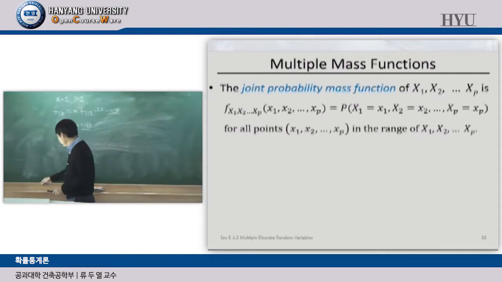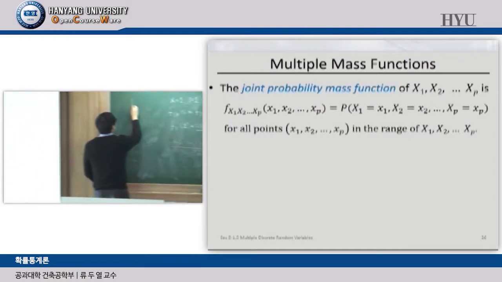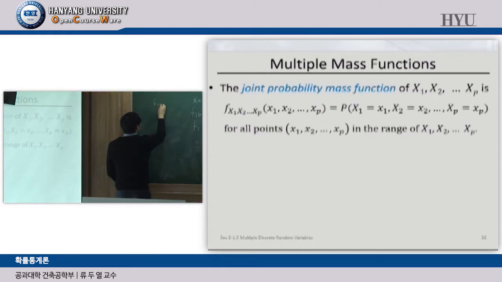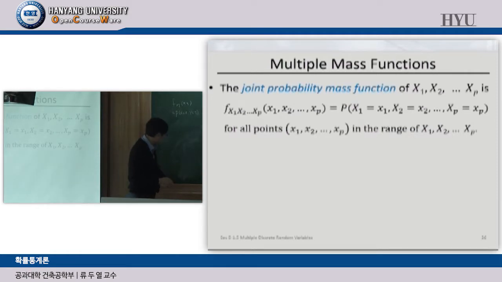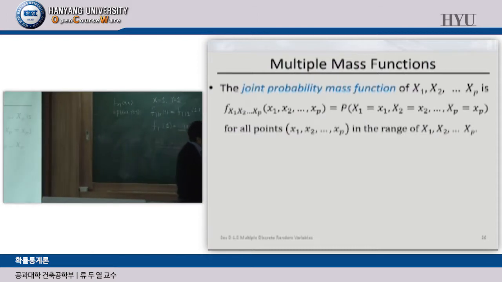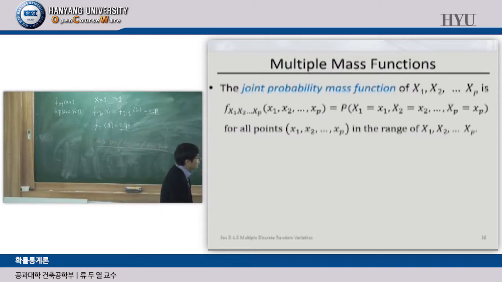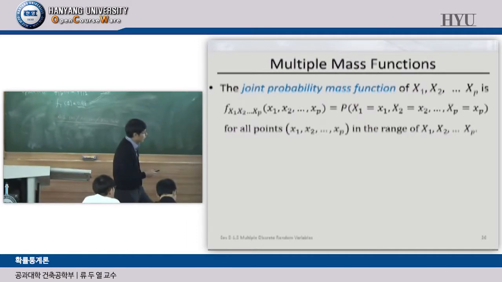In the case of 2 discrete random variables, the joint probability mass function was equal to this, right? Do you remember this equation? And in this case, just the number of random variables is increased. But the idea and the equation are identical. Okay? So this should be satisfied for all points from x1 to xp in the range of large X1 to large Xp.